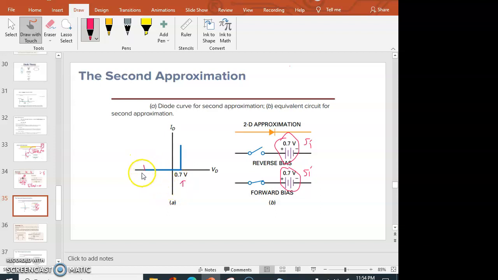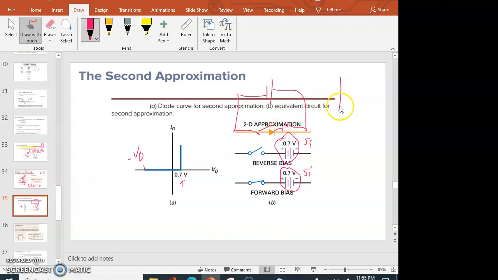But then, there is the value of our reverse voltage. It has a negative value here. Why? Say, for instance, we apply a reverse bias, so this is negative and this is positive. We treat the diode under the second approximation as an open switch and consider the barrier potential.